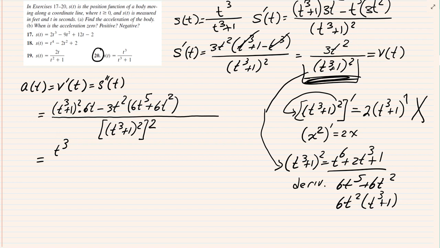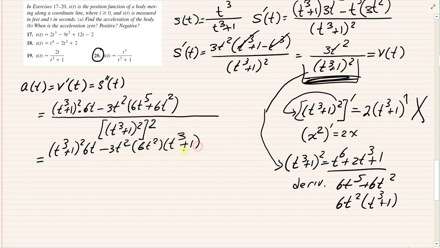Okay, I can go t cubed plus 1 squared, not doing anything yet, minus 3t squared, and now I'm going to write the factored form, which is 6t squared times t cubed plus 1, divided by t cubed plus 1 to the 4th power.